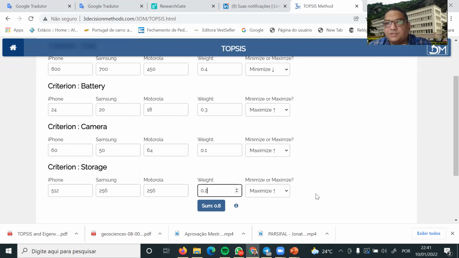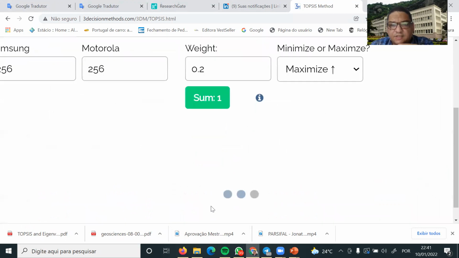And do I wish to minimize or maximize? I wish to maximize. It is a benefit criterion. So look, the sum is 1. Okay, it's all right.